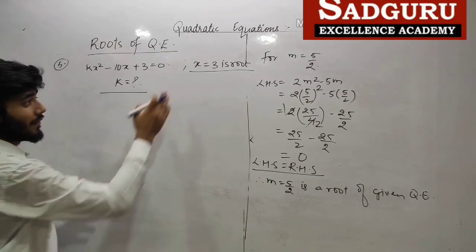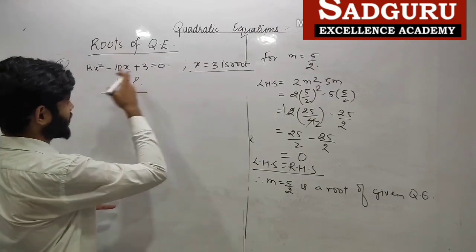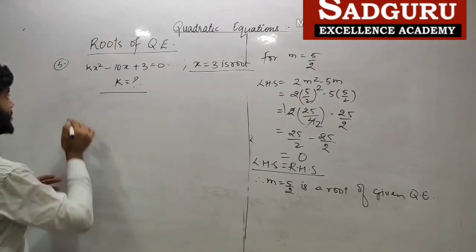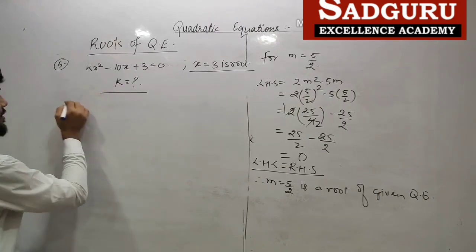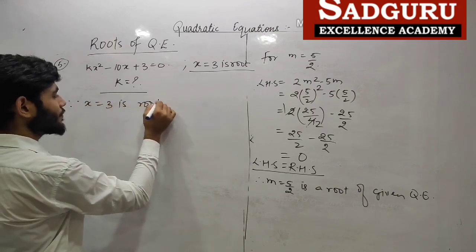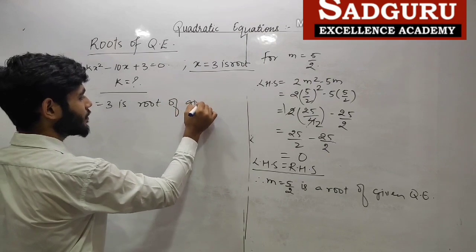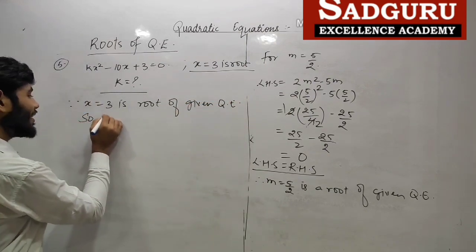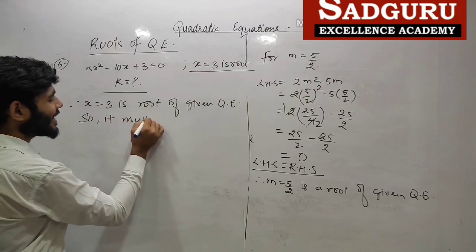It means after putting x equals 3 in the given equation, LHS must be equal to RHS, right? Yes. So since x equals 3 is a root of the given quadratic equation, it must satisfy the equation.